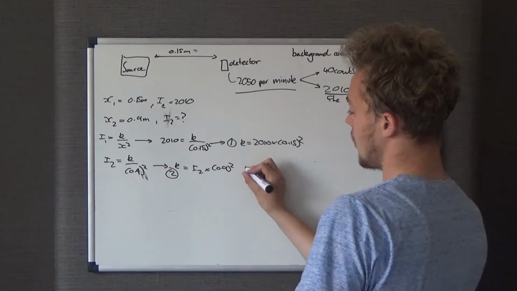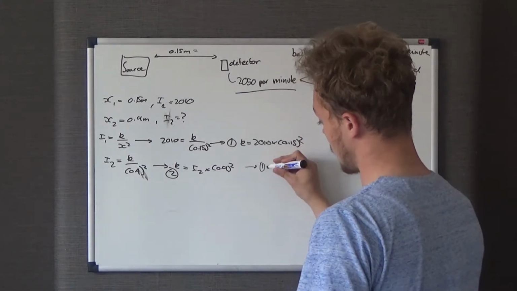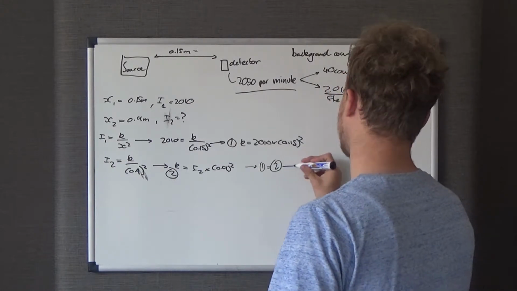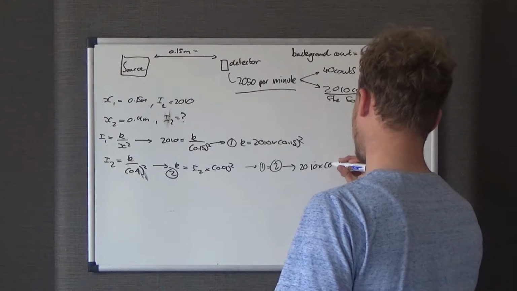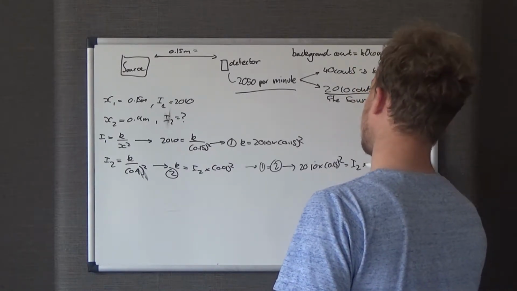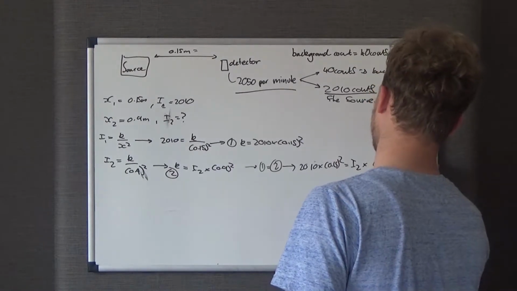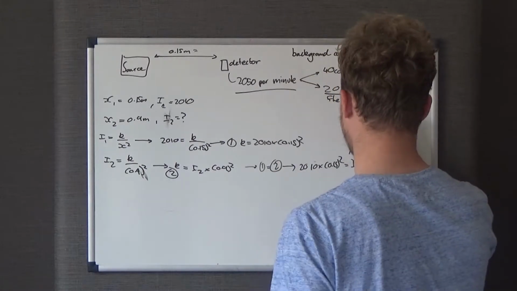Now, because equations 1 and 2 are both equal to k, we can say equation 1 is equal to equation 2. So, 2010 times 0.15 squared is equal to I2 times 0.9 squared. Okay, so in that case, we want to know what I2 is.